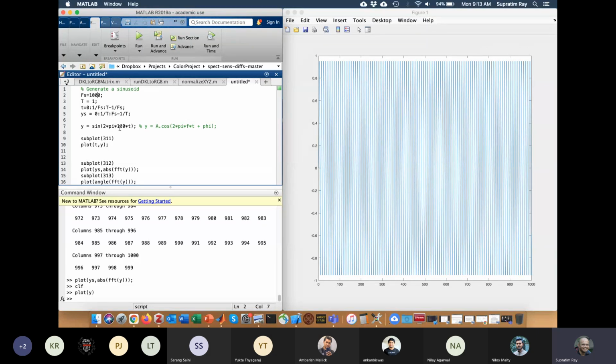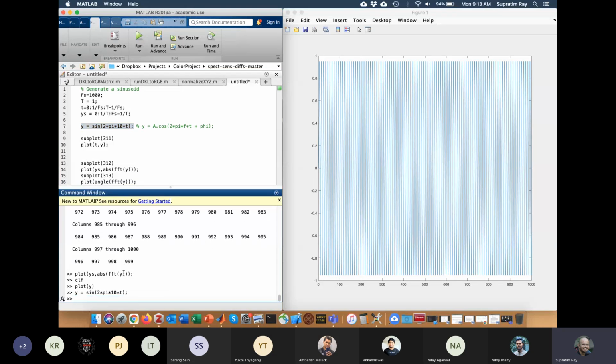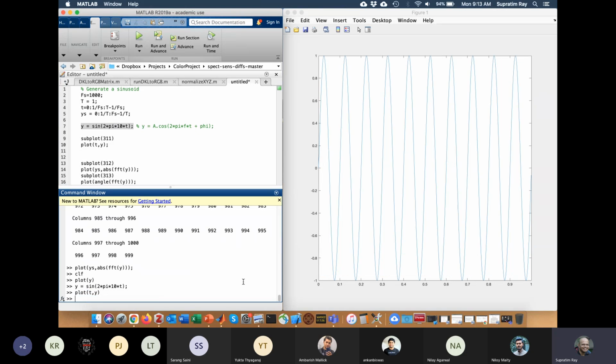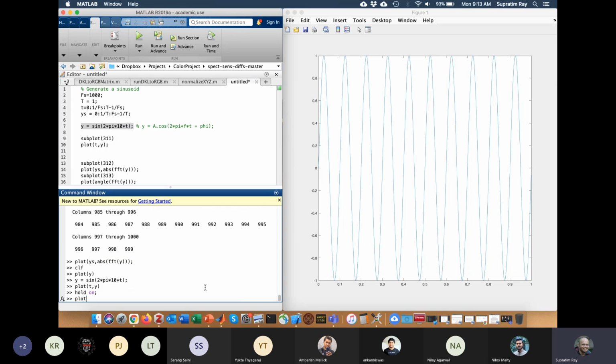If I reduce the frequency to, let's say, 10 hertz, and plot the signal, you can see that it will touch 1 and minus 1. Actually, I can just show you all the samples here.